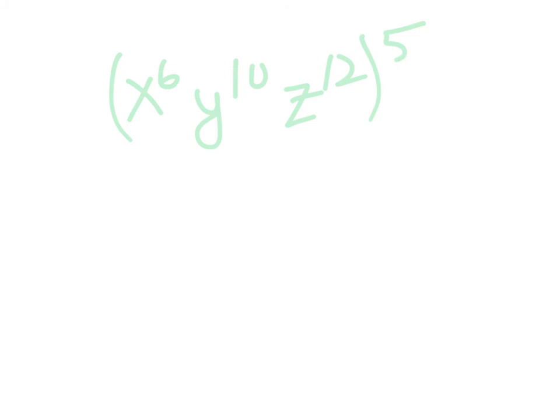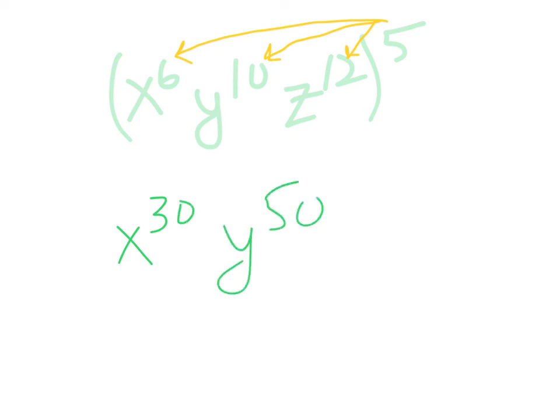The exponents in here are 6, 10, and 12. Every exponent gets multiplied by 5. So it becomes x to the 30th, y to the 50th, z to the 60th. That's your answer for that one.